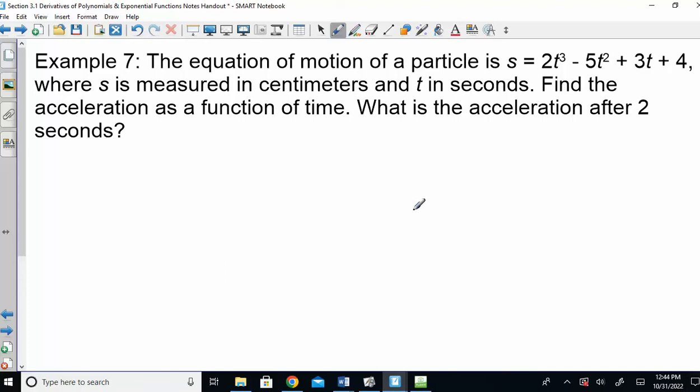What's the derivative of position? Velocity. Then how do we get acceleration? We have to do the derivative of velocity. So we have to do the derivative twice. The derivative of position is velocity. So what's the derivative of this thing?